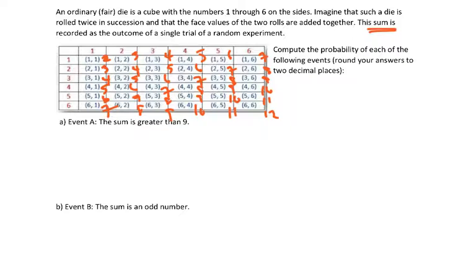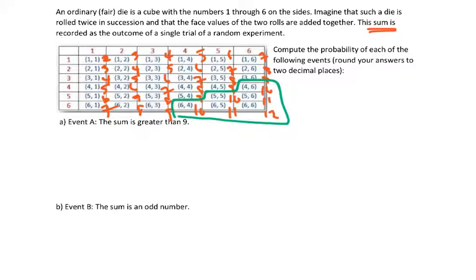So it says the sum is greater than 9. If we look at what I have here on the chart, we don't want the sum to be 9. We want it to be bigger than 9. So it looks like all of this gives me a sum bigger than 9, right? Those have sums of 10, 11, and 12.